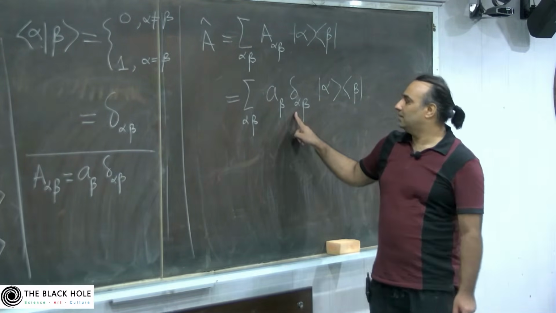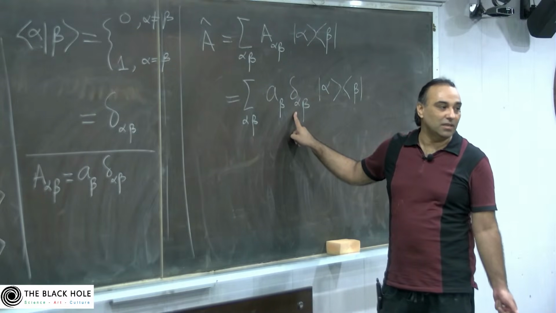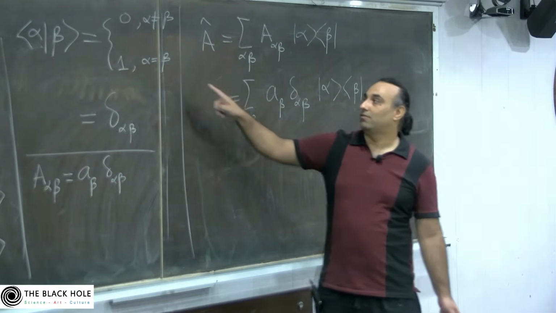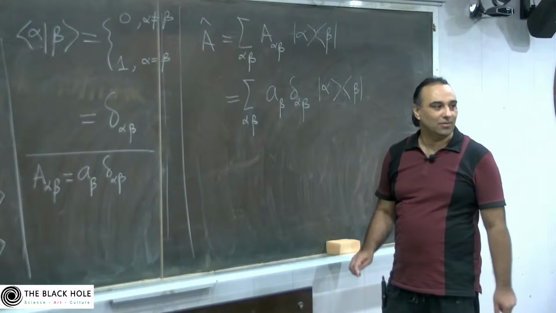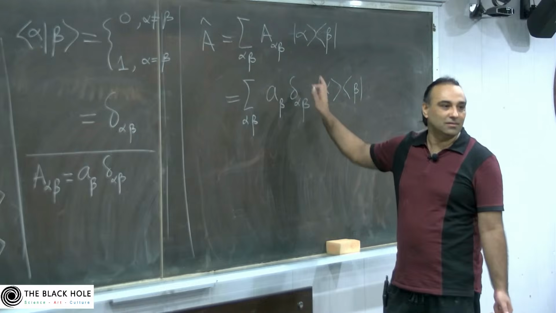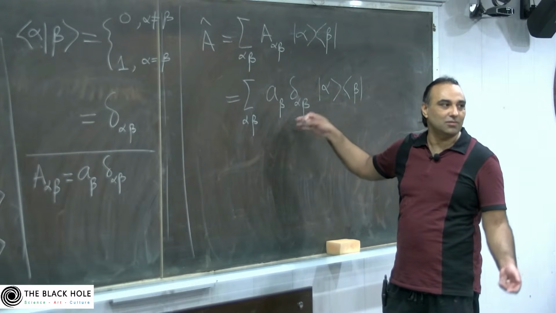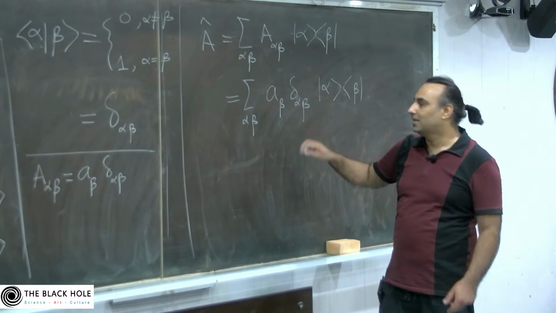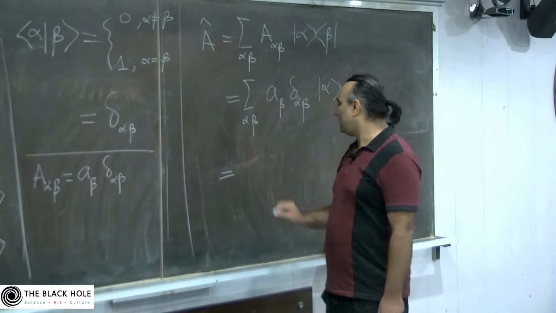Now since this function is only 1 or non-zero for when indices are the same, this double sum is reduced to a single sum. Okay, so whenever alpha is not equal to beta, it becomes 0, so there is no contribution in the double sum for that.